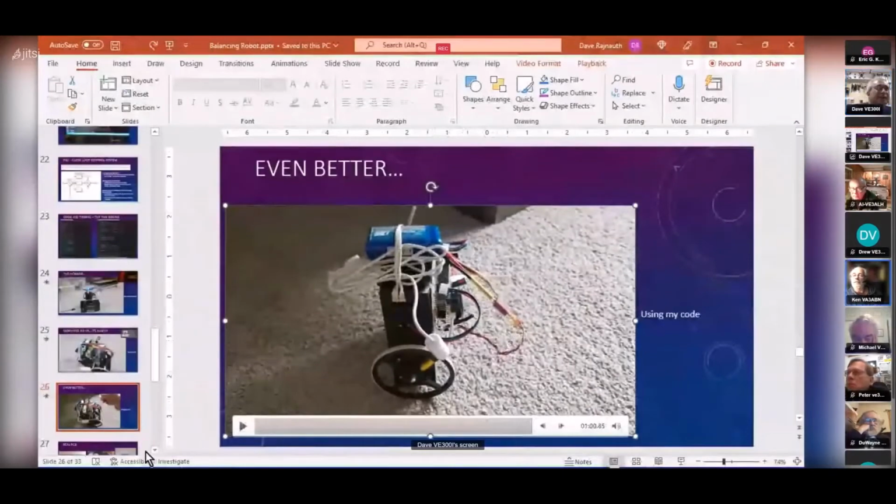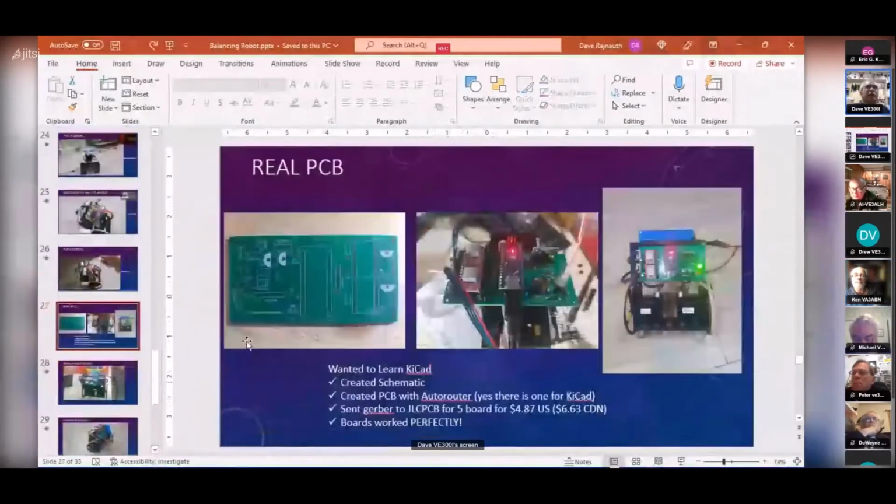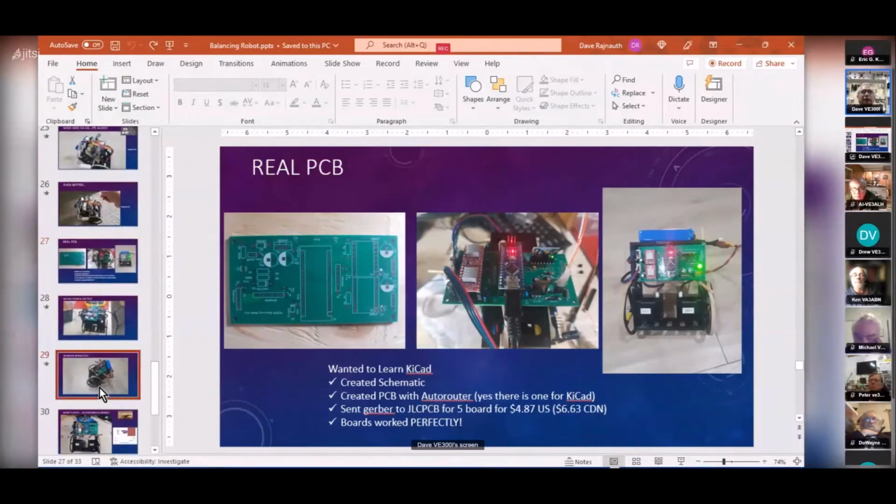And then, as a test, I was playing around with KiCad, and I wanted to learn how to send a board off. So I got a board made for this, and I sent it away to JLCPCB, and it came back. It was about $6 to get 5 boards. I sent the Gerbers away, got it back, plugged in, soldered in all the parts, and it worked perfectly.